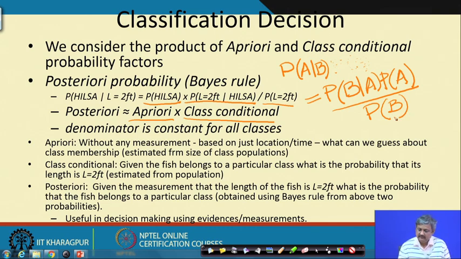So, P A is the prior probability, a priori probability. P B given A is the probability length equal to 2 feet given it belongs to class A. This is the probability of a random fish belonging to class A. This is the class conditional.